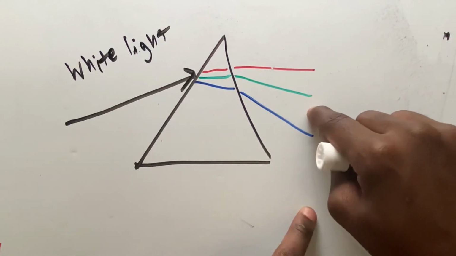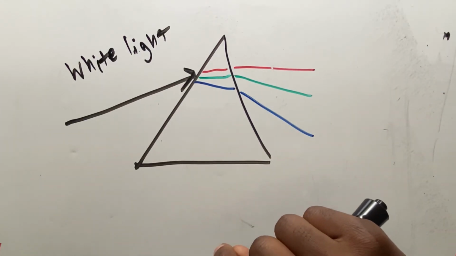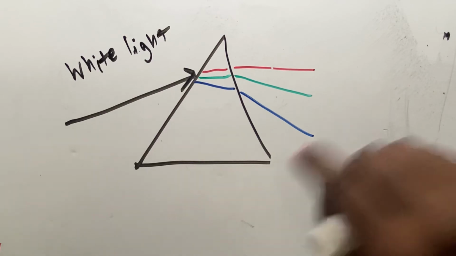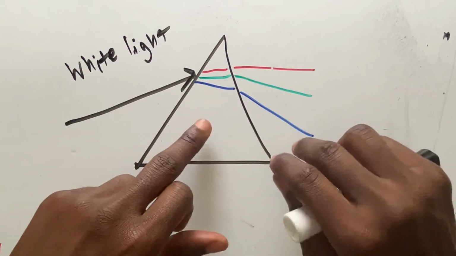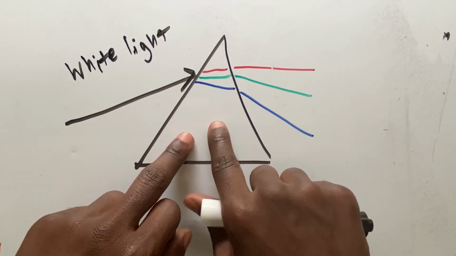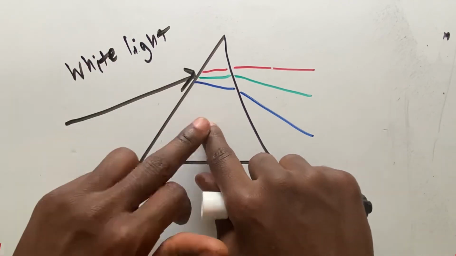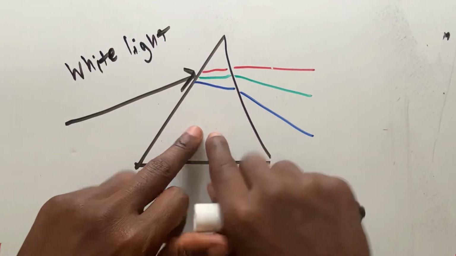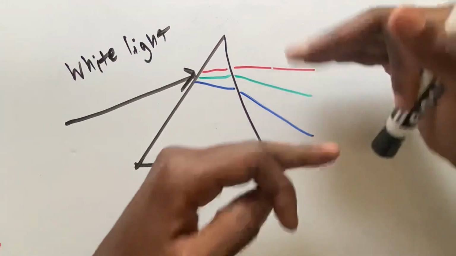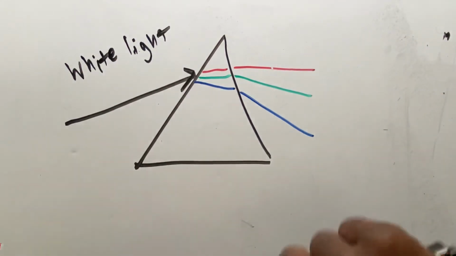So green light is bent more than the red light. And again, these different bendings are happening because light goes through this material, and the different frequencies are bent by a different amount, causing these colors to separate. And then on the other side, we get all of those colors.